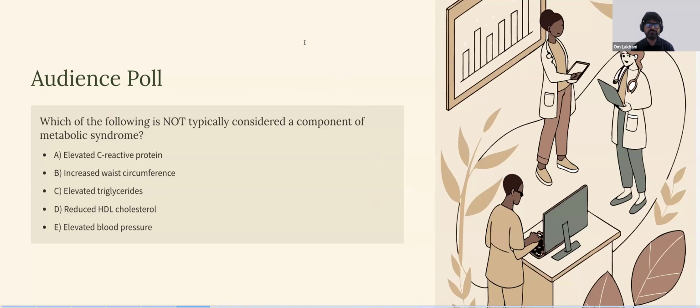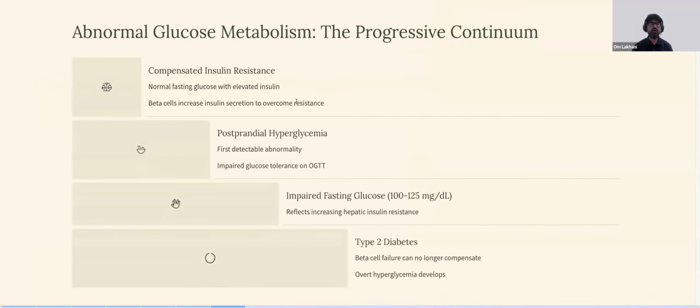Okay, moving on. I think most of you answered this correctly. So, what happens to the blood sugars as we go along from insulin resistance? The progressive spectrum. Mehul already asked this, and this is where we answer it. We discussed this in the last lesson as well.